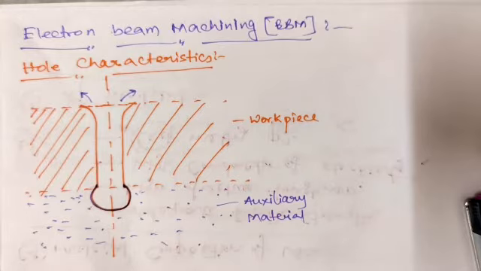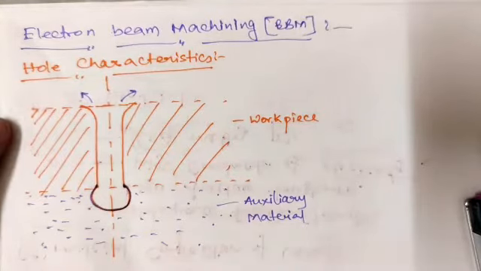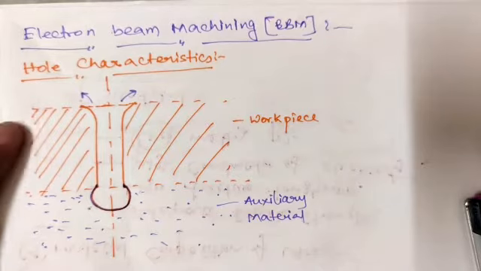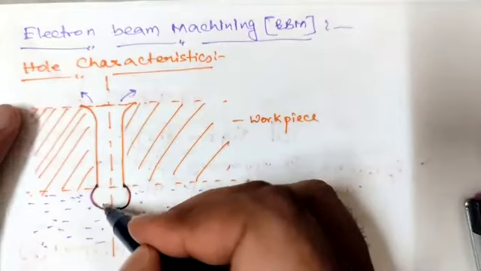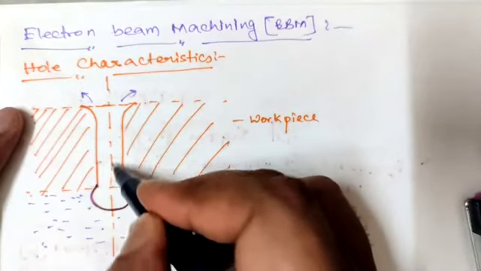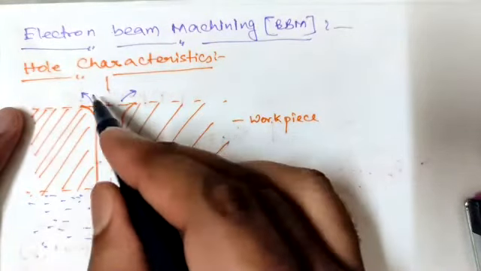Typically, the problem in electron beam machining, the main characteristic, is the formation of a recast layer. I have told you already that from here, this molten part has to come out in this way.